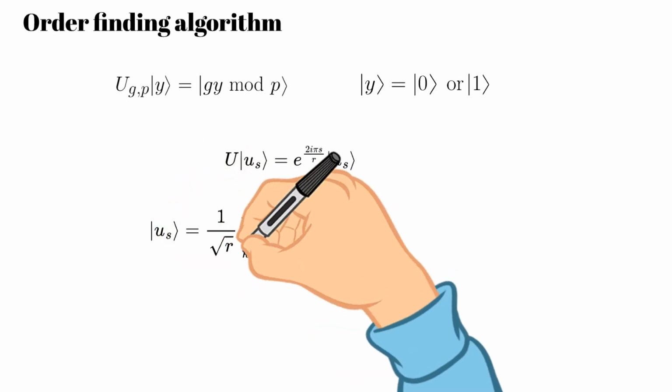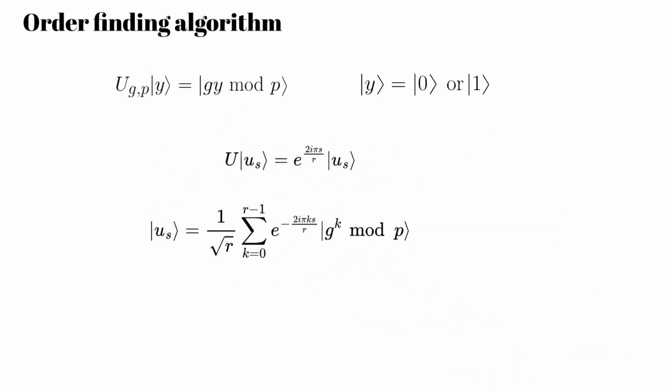First, each ket u sub s can be expressed as a superposition of the original basis states, reflecting the cyclical nature of the group. Second, all of these ket u sub s states together form a complete basis, meaning any state in this space can be written as a combination of them. These properties are very important for the quantum order finding algorithm.